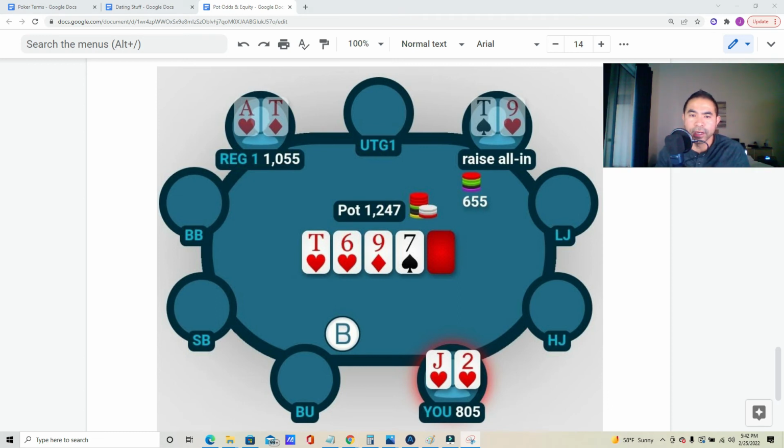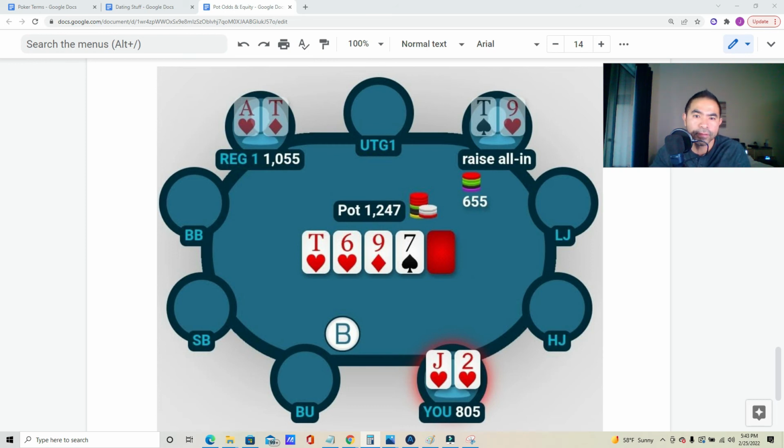So, getting back to the math, let's calculate. First of all, what's the required pot odds percentage, right? So, let's begin here. We have 12, let's round. Good advocate for rounding. So, 1250 in the main pot, which includes the $655 all in plus your call.